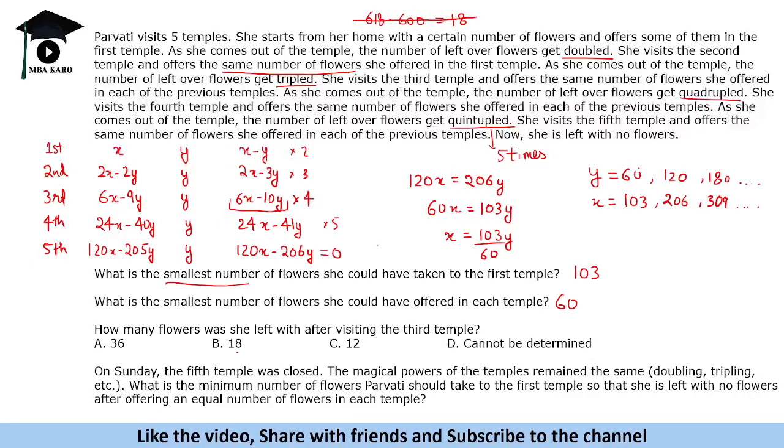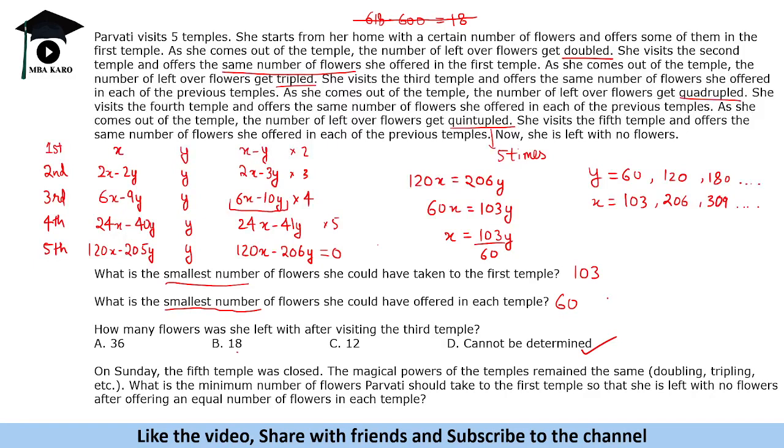The reason being, we do not know the values of x and y. In this case, it is asking the smallest number. But if we do not know the value of x and y, we cannot determine this number. If we take 120 and 206, we will get a different answer. So this answer cannot be determined.